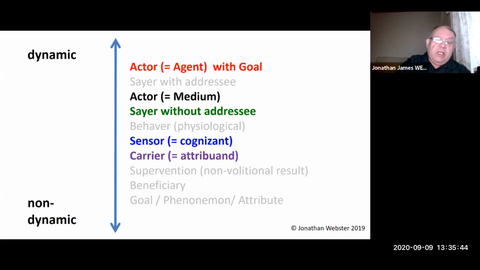All right, so in looking at these, it does seem pretty obvious. Yes, an actor with a goal, like the example I just made, Tom hit the ball, that's quite dynamic, as opposed to a carrier with some attribute, Tom is thin.